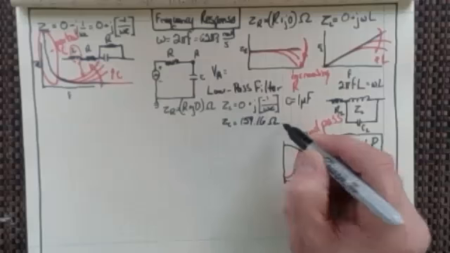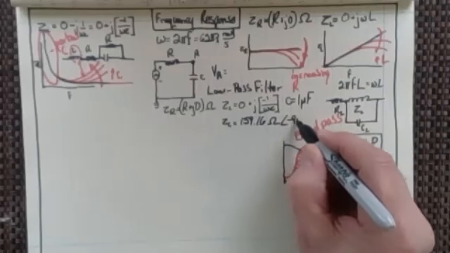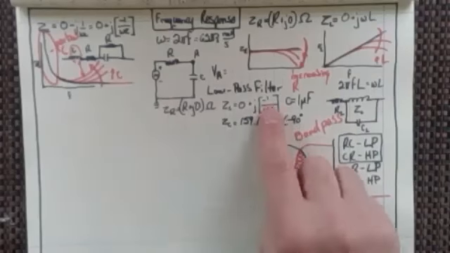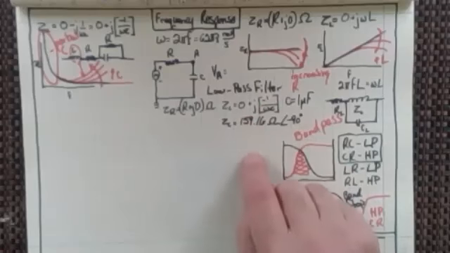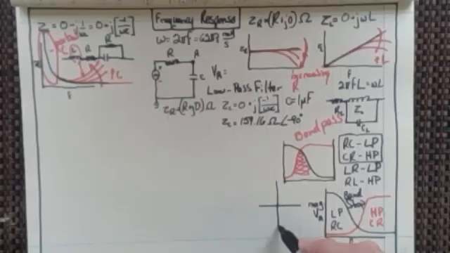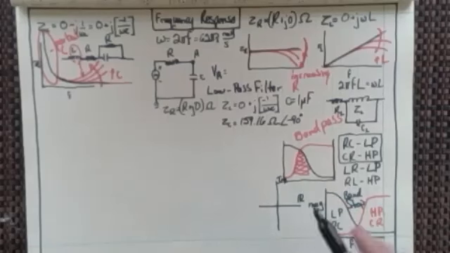So my impedance for my capacitor is 159.16 ohms, and that would be at an angle of minus 90 degrees. Does everyone see why that's minus 90 degrees? Because of the minus there, it'd be minus j. I can just, once again, put down the complex plane here so that everybody can see what we've got. There's my real axis, there's my imaginary axis.